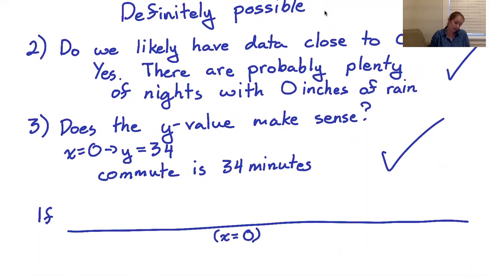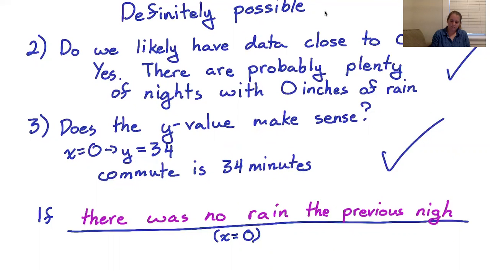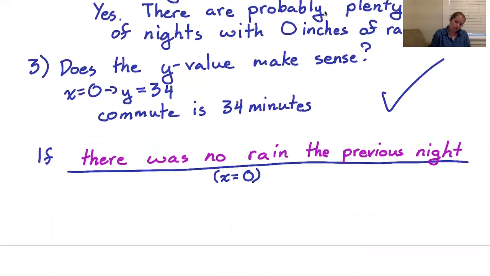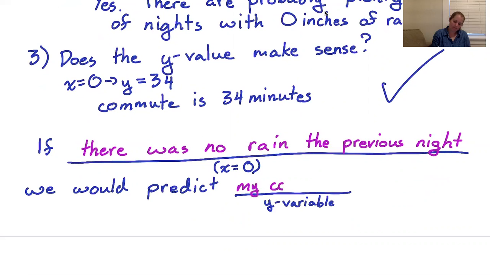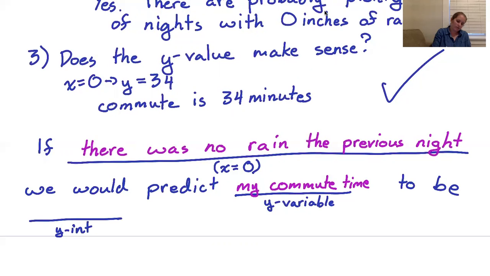So if there was no rain the previous night, then we would predict, next up is the y variable, my commute time to be, and then this is our y-intercept, 34 minutes.